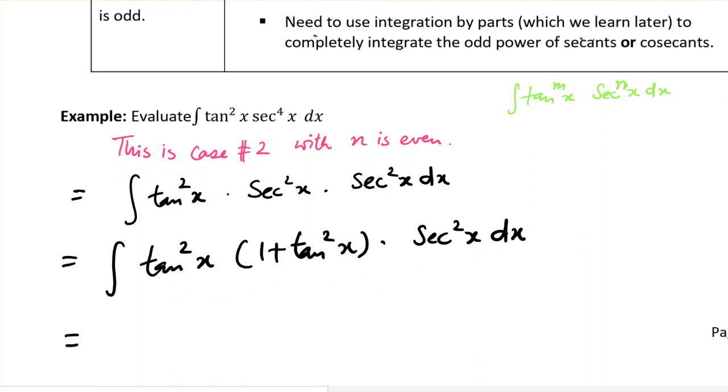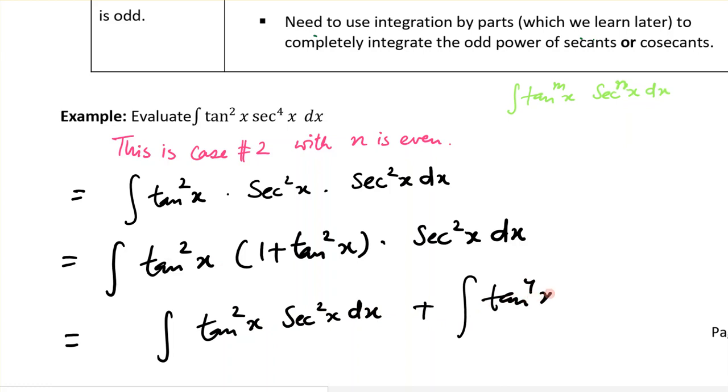The first one would be tangent square x, secant square x dx, and the second one would be tangent raised to power 4x, secant square x dx.